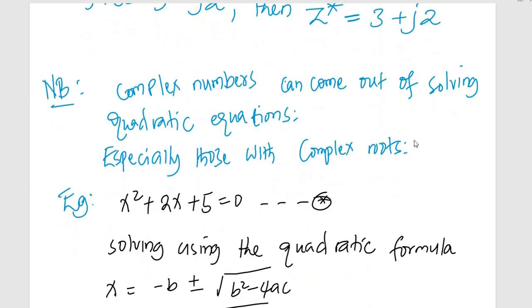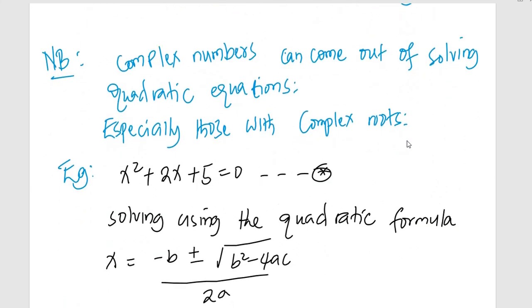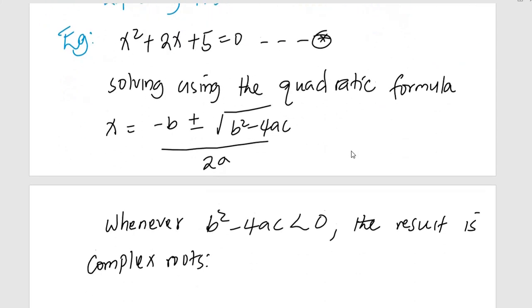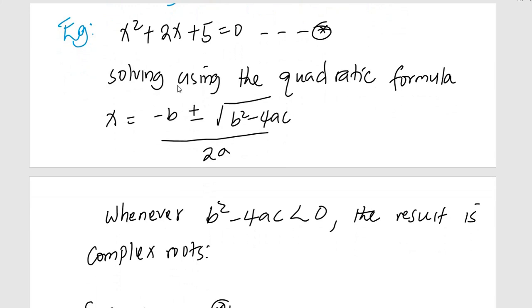Now let us look at where complex numbers come from. These complex numbers come as a result of solving quadratic equations that have complex roots. What do we mean? If it has complex roots, it means b squared minus 4ac is less than 0, so that when you take a square root, you always find a factor of root -1.